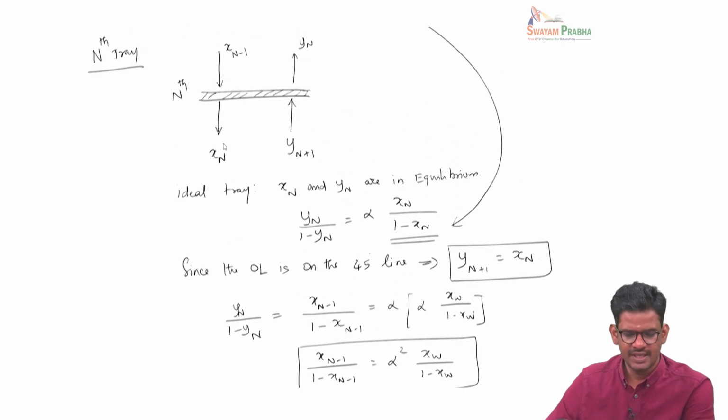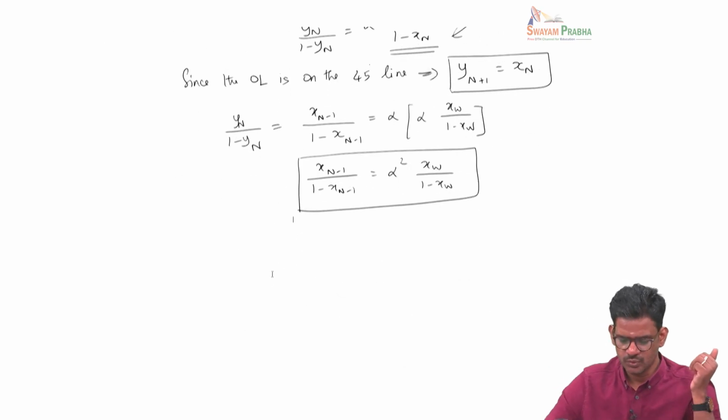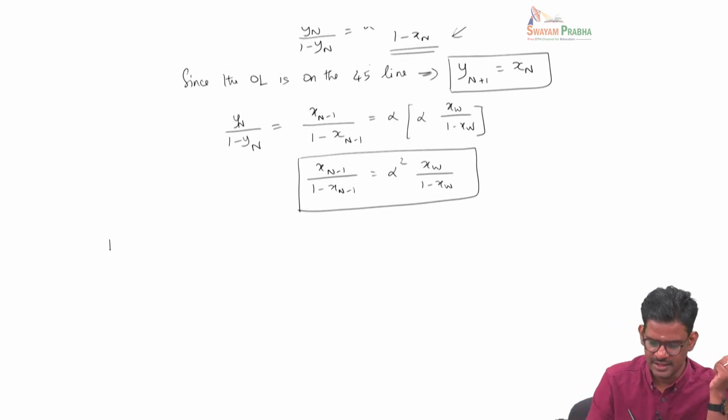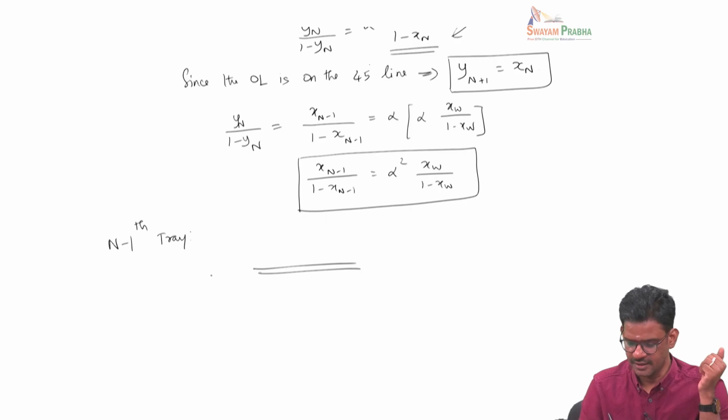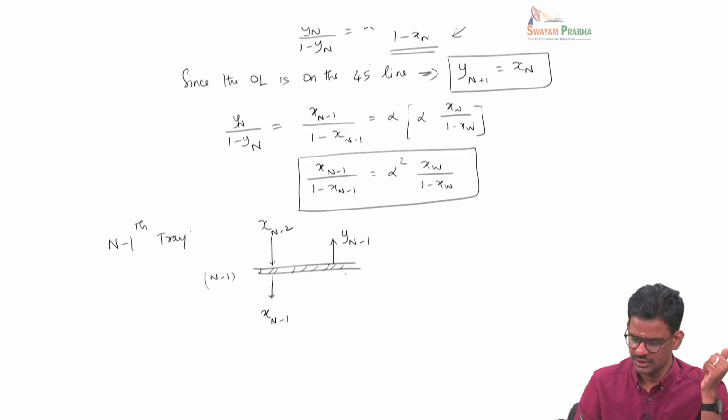Like we have done for the nth tray, let us go to the one tray above, that is the n minus 1th tray, and then write this set of equations. So this is n minus 1. The liquid that is leaving here is xn minus 1. The vapor that is leaving out is yn minus 1. The one that is coming here is xn minus 2, and this is yn.